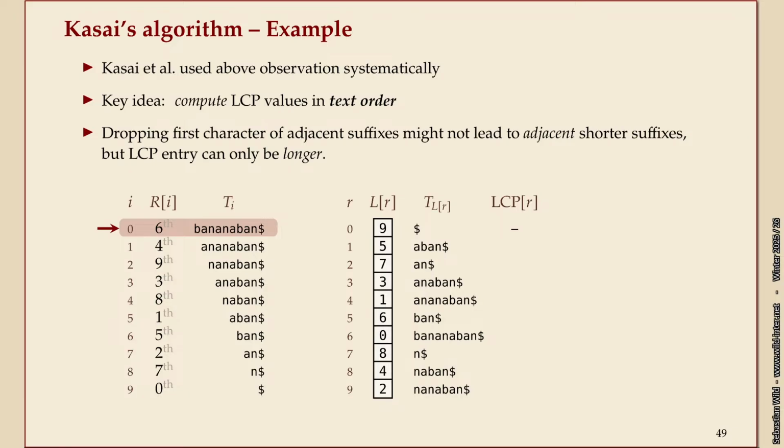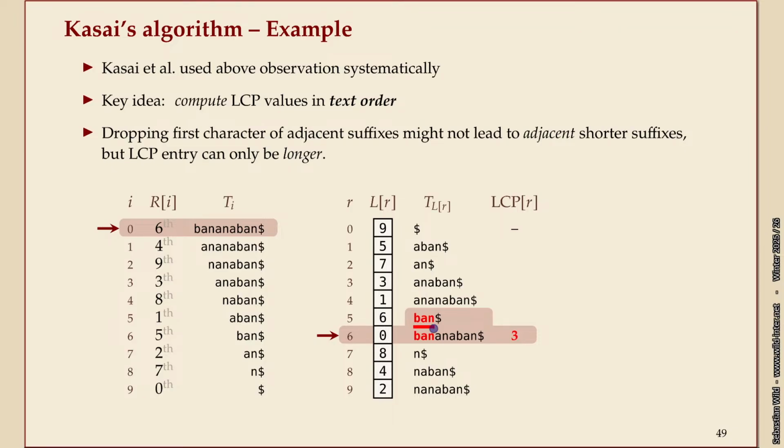So for knowing which one that is, we have to move to the right. So we use the rank array and find that we're actually working in position 6 here in the LCP array. And the previous suffix is this guy. Now, initially we know nothing, so we have to pay for finding the shared prefix. And here it stops. So we can write down our first LCP value, 3.